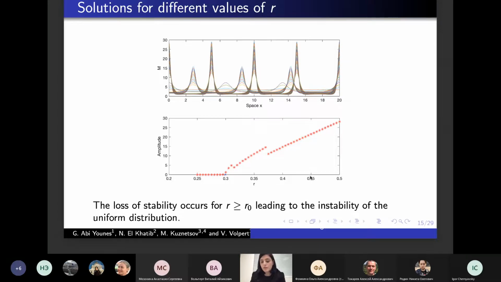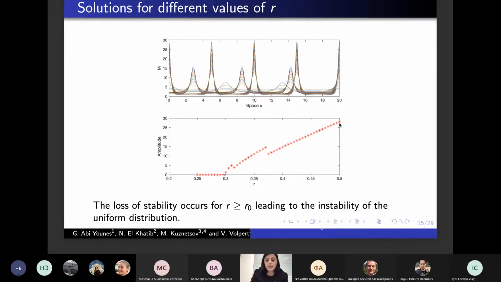In this continuation method, we took decreasing values of R. We start by R equals 0.5, and we find the solution. This solution will be the initial condition for the next simulation with R smaller than 0.5, and so on.